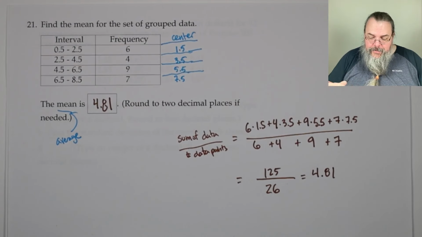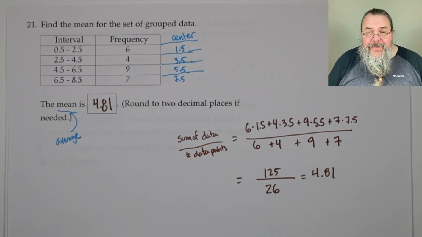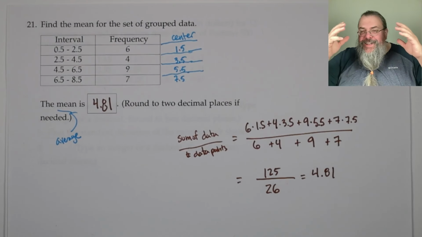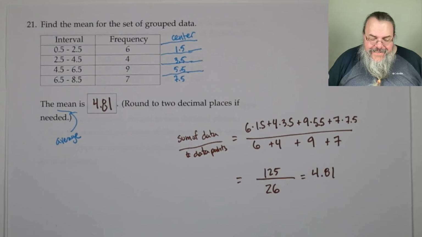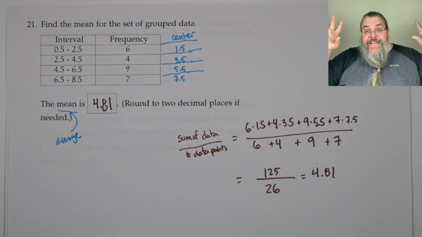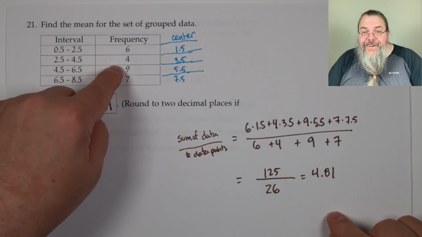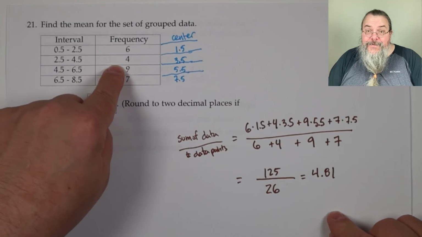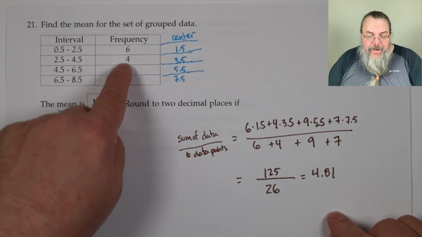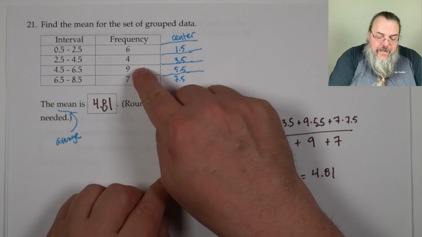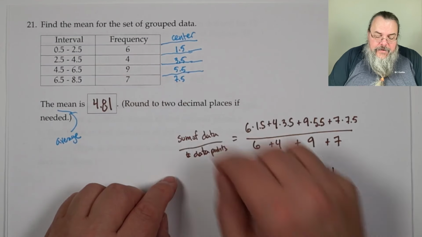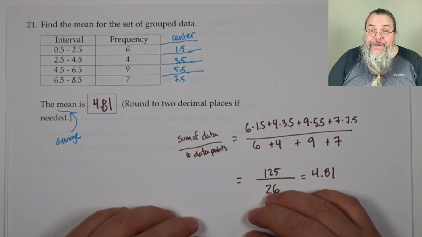I always encourage people, because sometimes I look at student responses and I'm like, what? No, that was such a crazy answer. 4.81, is it kind of middle-ish? Well, that's kind of near the center. So yeah, that's feeling pretty good. It's a little bit biased towards this side, you know, with the 9 and the 7. Feeling pretty good about that.